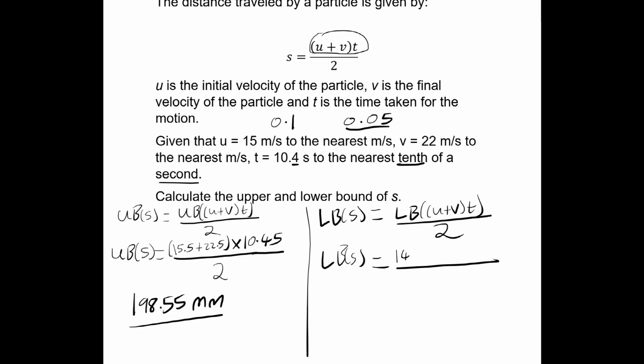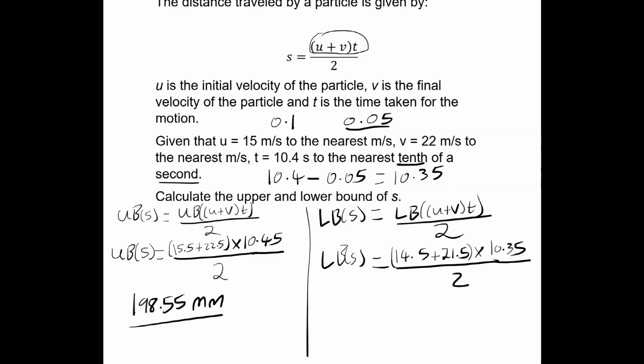The lower bound of u is 14.5 plus the lower bound of v, which is 21.5, and this needs to be multiplied by the lower bound of t, which this time is going to be 10.4 take away 0.05, which should be 10.35. So we put that in, 10.35, all of that goes over 2.